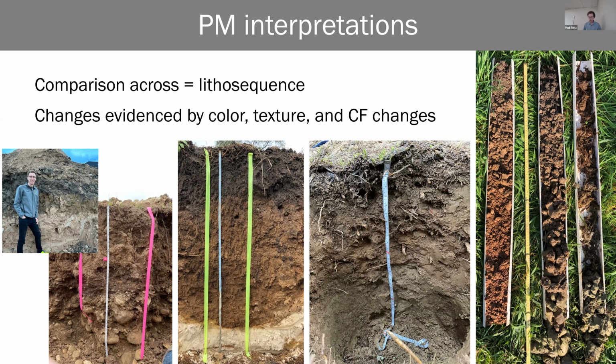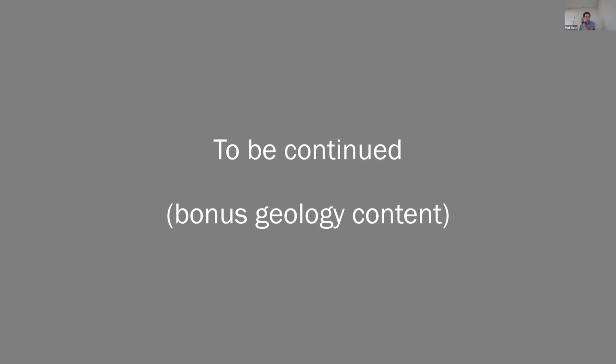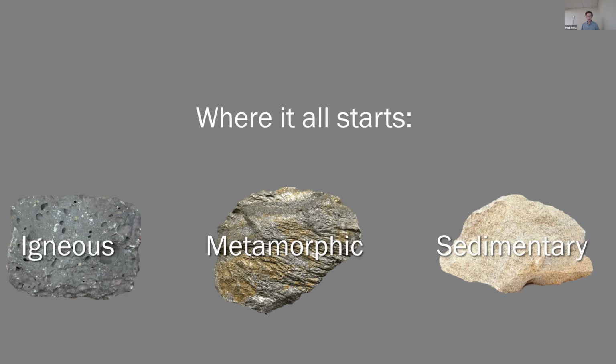So our bonus geology content, like I previewed before, we are going to take it back to the rock cycle, where it all starts. The difference between igneous, metamorphic, and sedimentary is hopefully all familiar from your grade school science classes or science backgrounds.